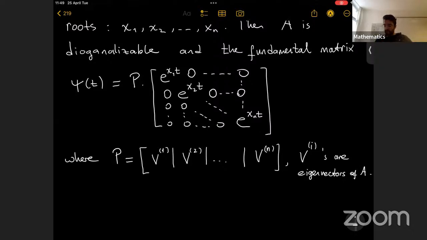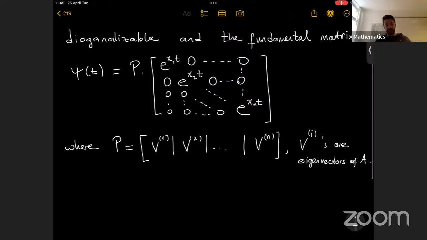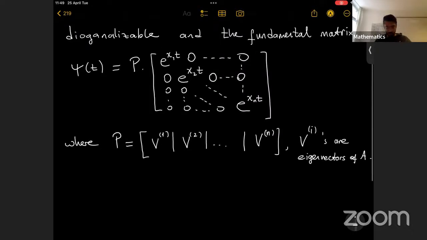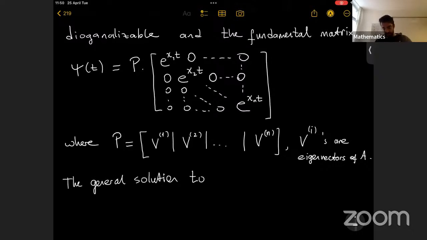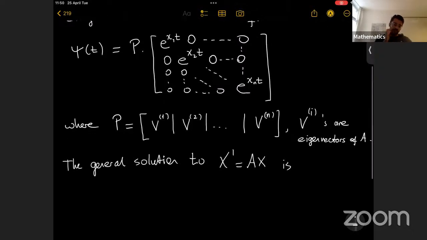So what are the columns here? The columns are when you multiply. So the general solution to this system, x prime is equal to A times x, is, we covered all these things in the previous week, right?